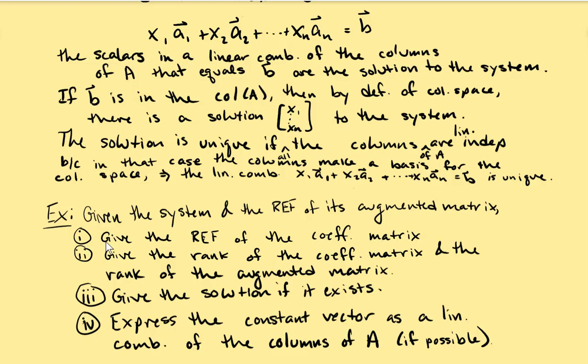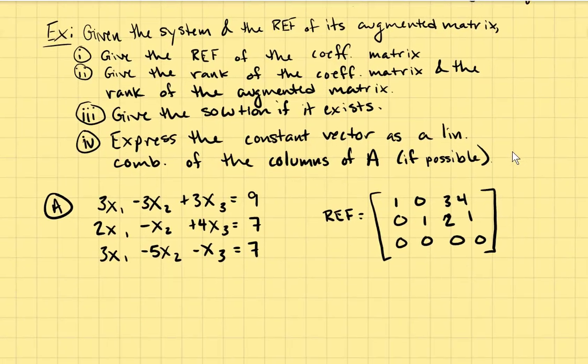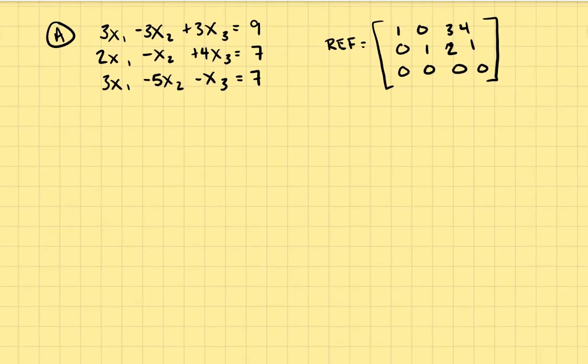We're asked to give the REF of the coefficient matrix, the rank of the coefficient matrix and the rank of the augmented matrix, and the solution to the system if it exists. And here's probably a very instructive part: express the constant vector as a linear combination of the columns of A if possible. So let's see this first example. We'll see these go pretty quick.